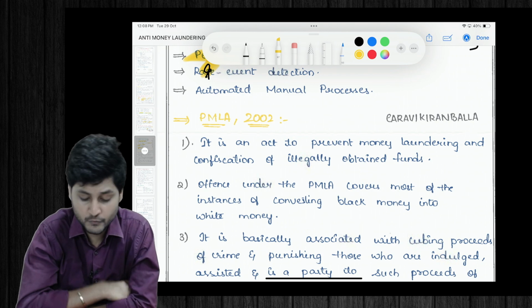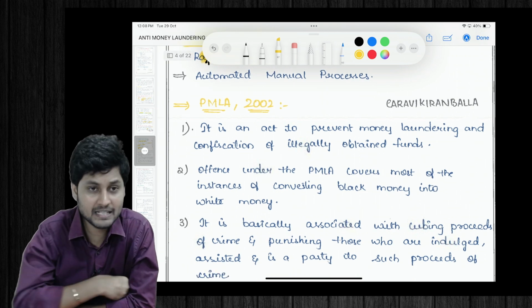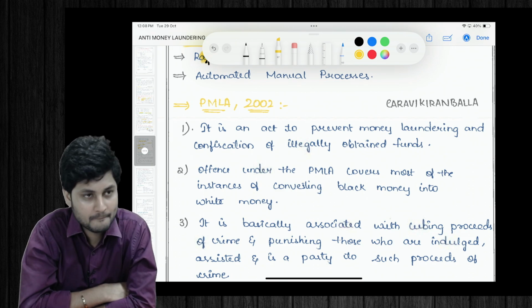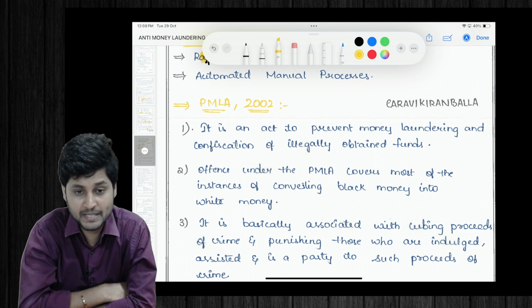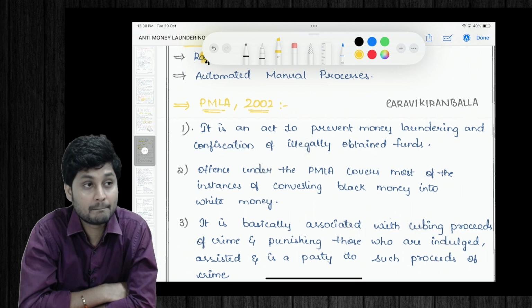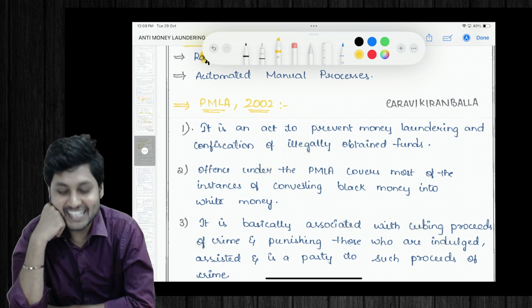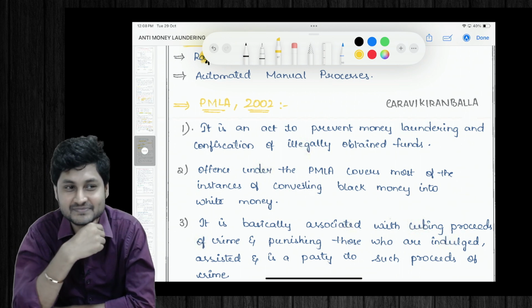In India we have an act, PMLA 2002. What is PMLA? Can you say the full form of PMLA? Prevention of Money Laundering Act 2002.